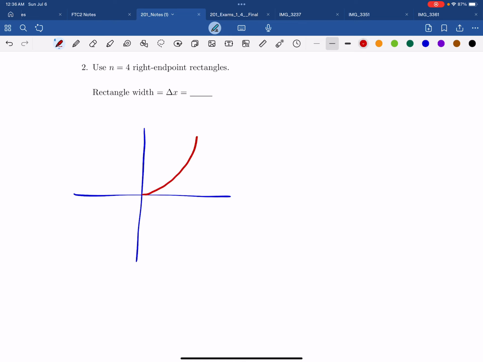So if we draw this curve again, and we have, let's see, if this is x equals 2 and 1, 3/2, 1/2, and that's 0. If we use right endpoints, you see that we're using these rectangles. These. All right? Same concept as left-hand endpoints, but we're just using right-hand endpoints.